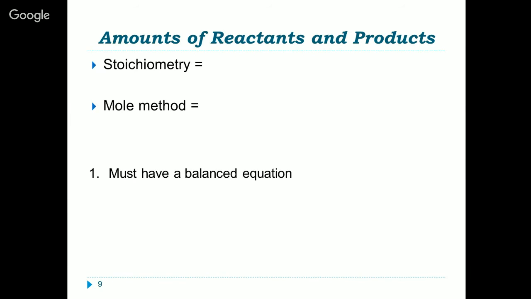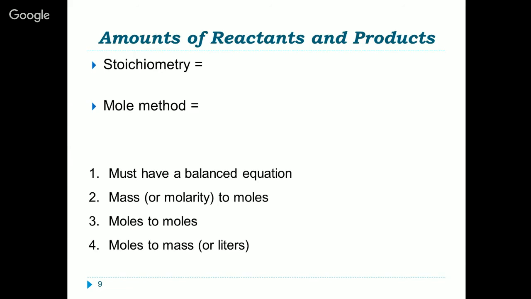So first things first, you have to have a balanced equation. You're going to convert mass into moles, which we've already done, and I'll talk about molarity later. Then we're going to convert moles into moles, which means we're going to convert the moles of what we were given into the moles of what we want. The last step is going to be moles of what we're trying to find, the moles of what we want, back into mass.